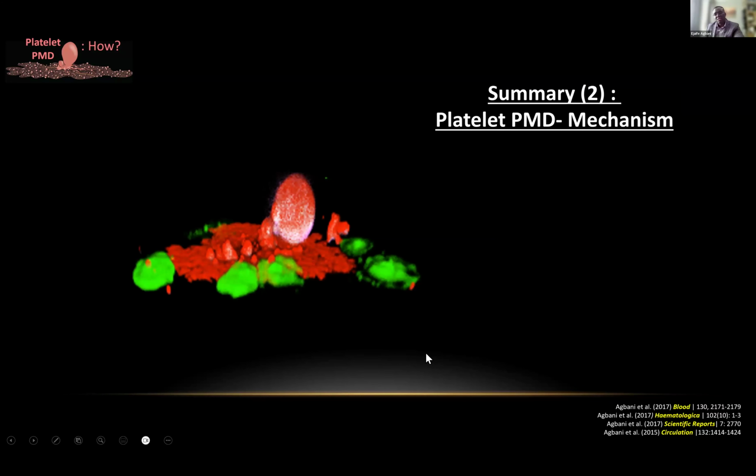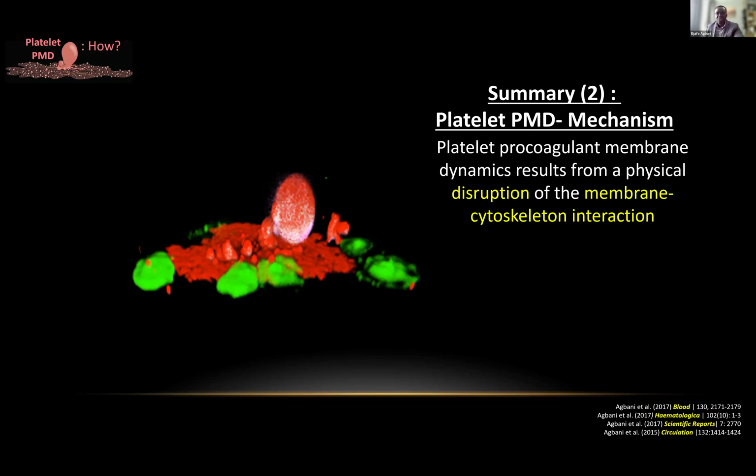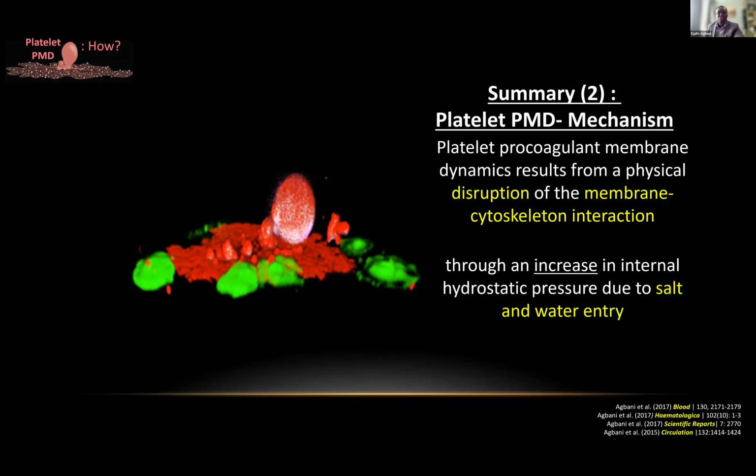So to summarize this part of the talk in terms of mechanism, we know that platelet PMD results from the physical disruption of the membrane cytoskeleton interaction.